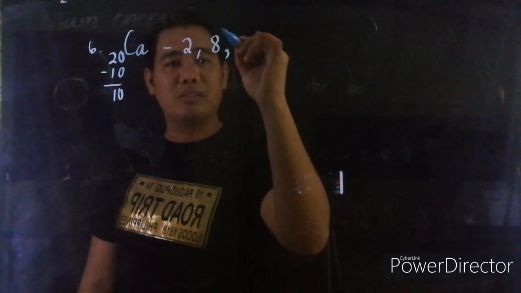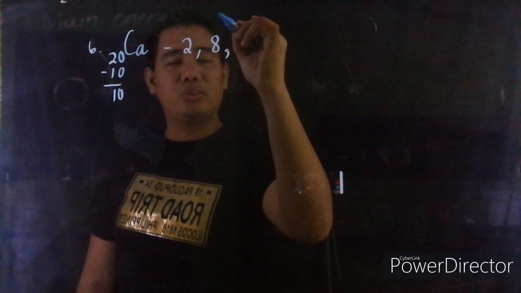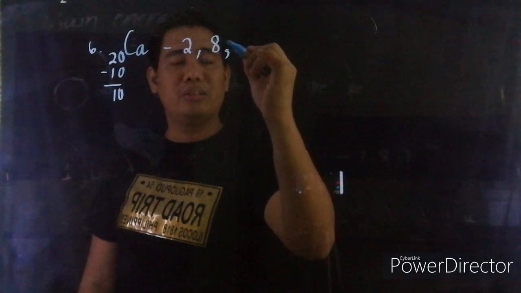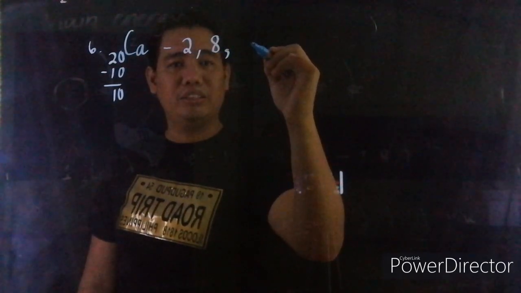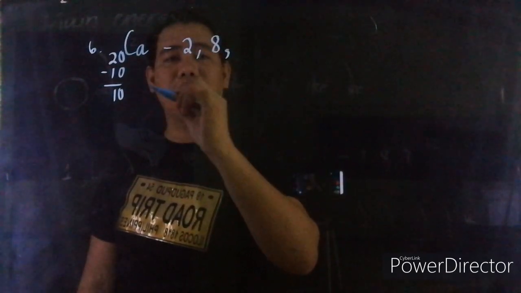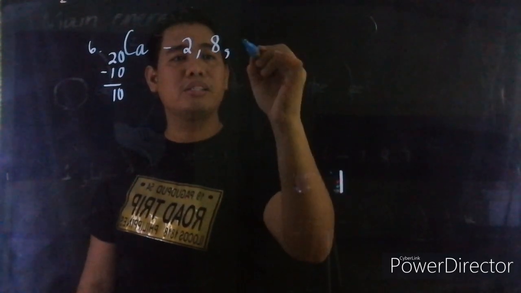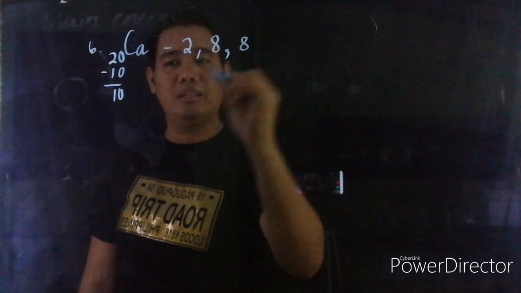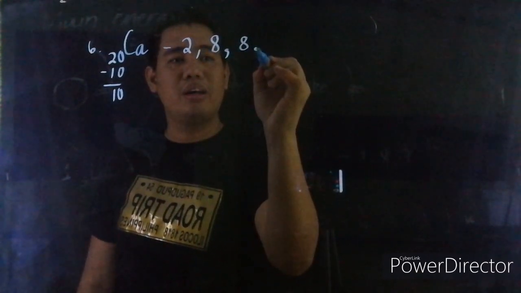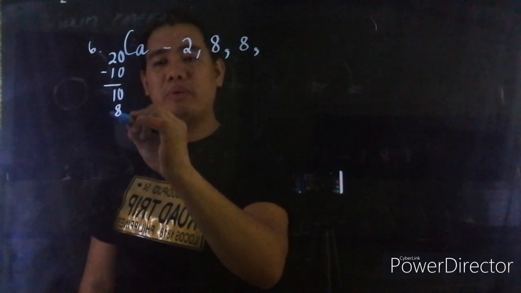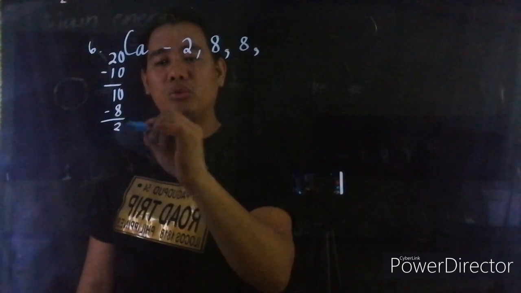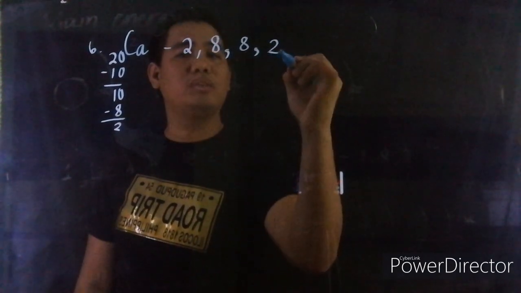Why? Because it should be divisible by 2, 8, 18, and 32. So we cannot write 10. So therefore, the closest one is 8. So if we write 8 there, what is left is 2 electrons. So we write 2. Okay?